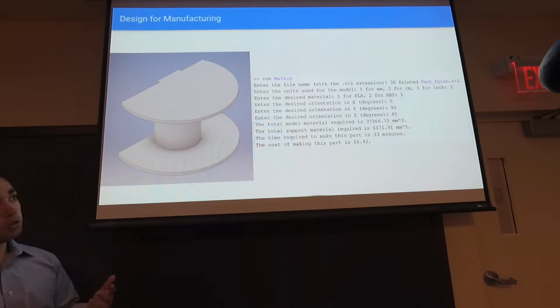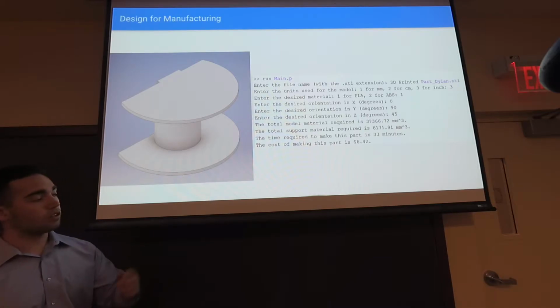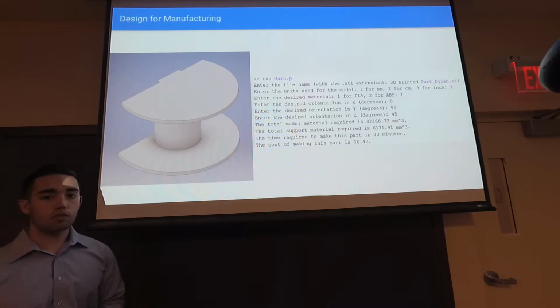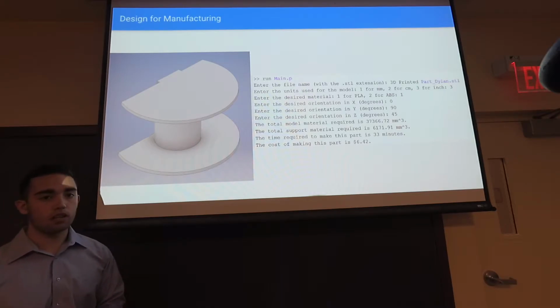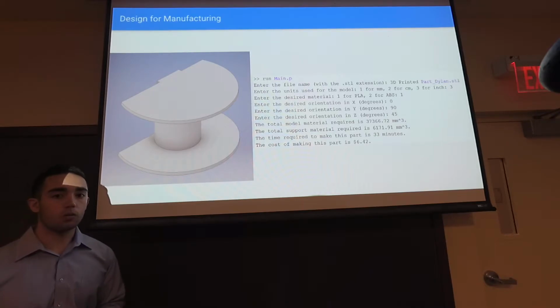So once we figured out which part we wanted to use for 3D printing, we used MATLAB code to analyze the different materials that we could use and different orientations that we could print the part in. And we decided that the PLA material would be cheaper and quicker to print.